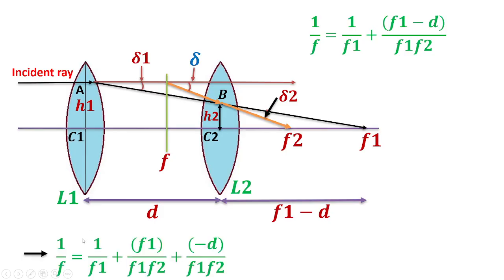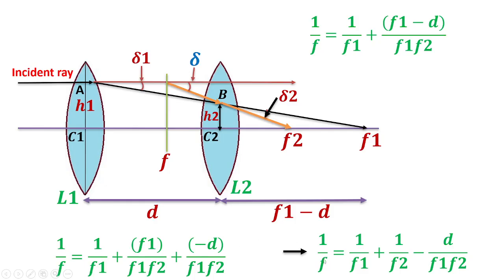Now 1 divided by f is equal to 1 divided by f1 plus f1 divided by f1 into f2, and we separate these two terms, f1 and d, minus d divided by f1 into f2. So further we will get 1 divided by f is equal to 1 divided by f1 plus, since this f1 gets cancelled, 1 divided by f2 minus d divided by f1 into f2.